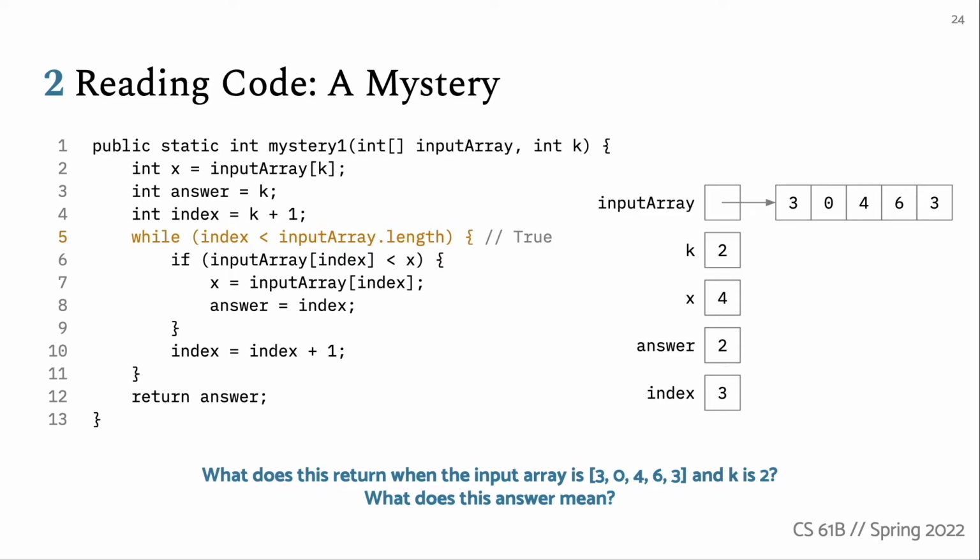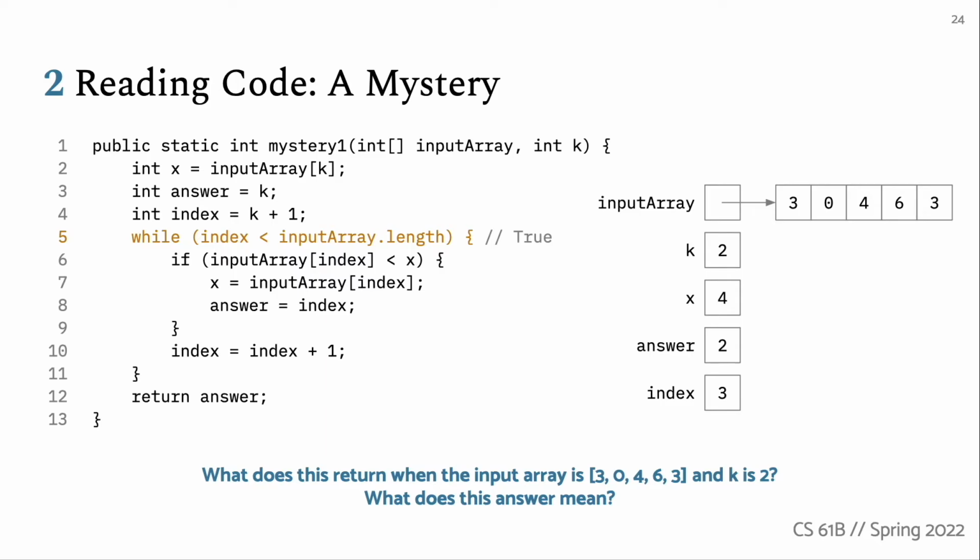Now I get to the interesting part. We're going to say while index is less than inputArray.length, we're going to keep executing what's inside this block. inputArray.length is 5 because there are 5 elements, and index is 3. Conceptually, we are going to keep executing this until we run out of elements.